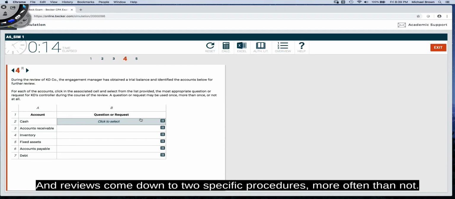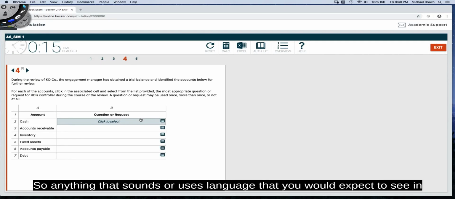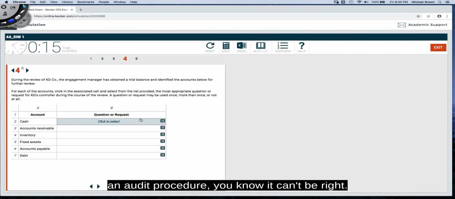And reviews come down to 2 specific procedures more often than not. Inquiry and analytical procedure. If it sounds like an audit procedure, it's wrong. So anything that sounds or uses language that you would expect to see in an audit procedure, you know it can't be right. So with that in mind, let's tackle the first pair.